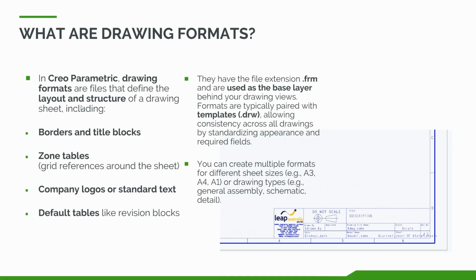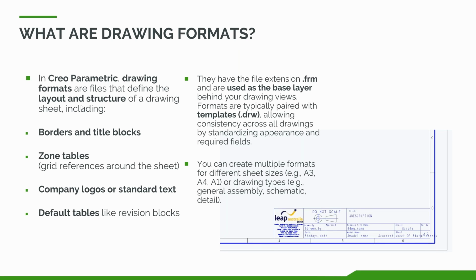Okay, so what are drawing formats? So in Creo, we have a drawing file, which is a DRW file, which we're probably all familiar with. However, we also have a format file, which has a different extension.